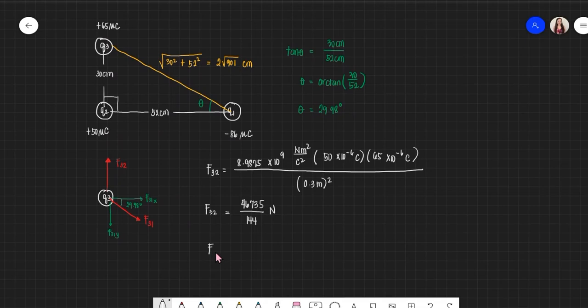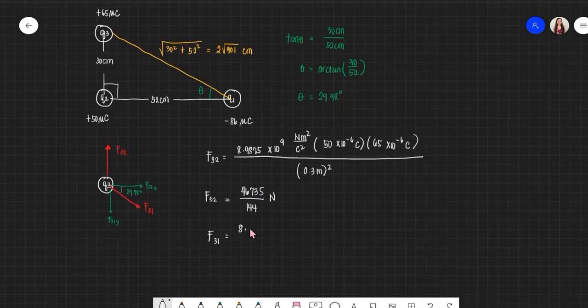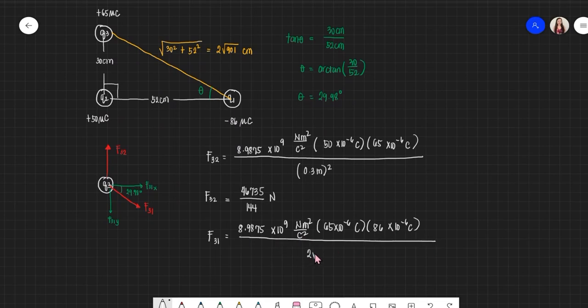And then the force exerted by 1 on 3 is equal to 8.9875 times 10 to the power of 9 newton meter squared per coulomb squared times Q3, 65 times 10 to the negative 6 coulombs, and Q1, 86 times 10 to the negative 6 coulombs, and the distance between them is 2 square root of 901 cm.